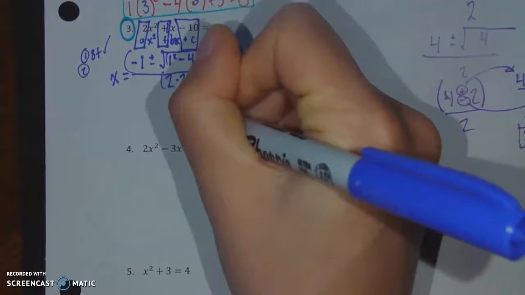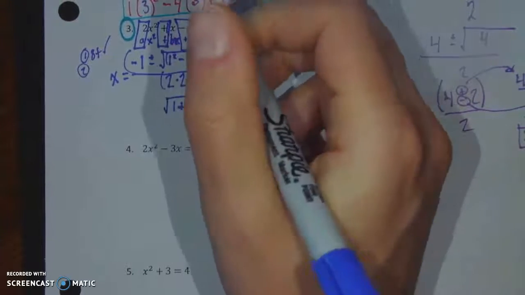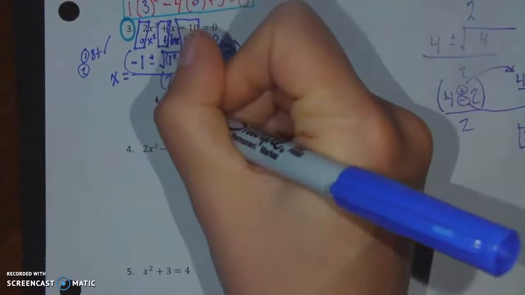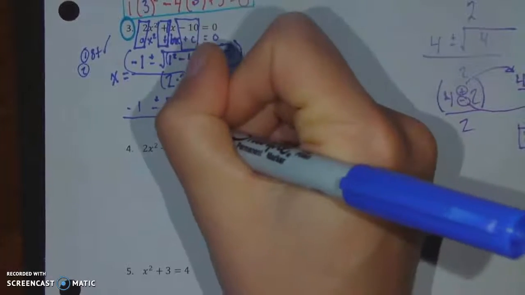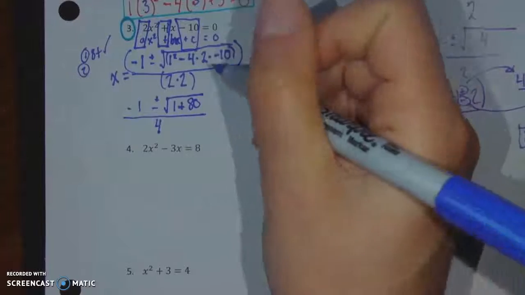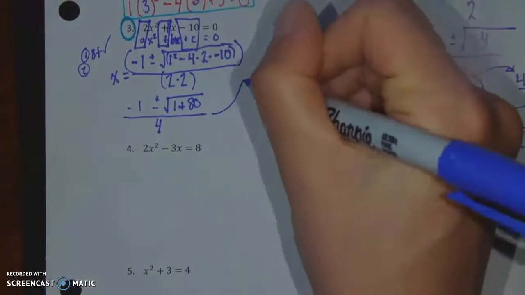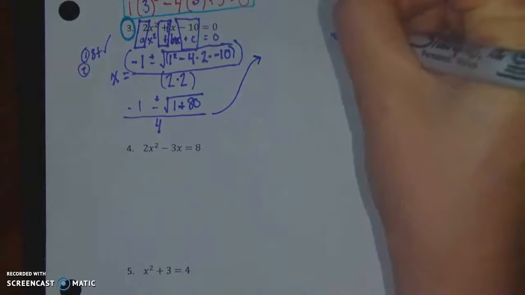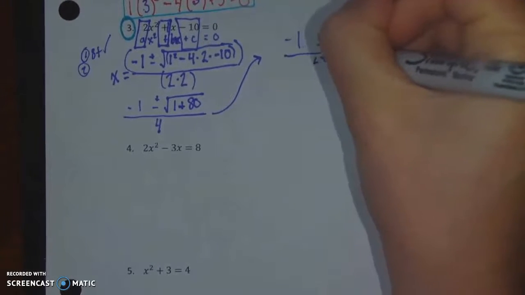So since this has a negative, this turns into a positive 80, and we have the square root of 1 plus 80 underneath the radical sign. And this is 2 times 2, or 4. Now I'm going to simplify still inside of here, which is 81, and I'm going to take the square root of 81 in one fell swoop. That is 9. So I have negative 1 plus or minus 9 over 4.